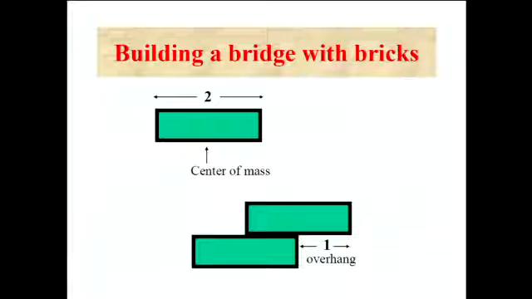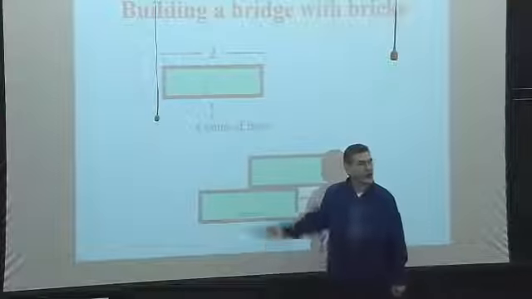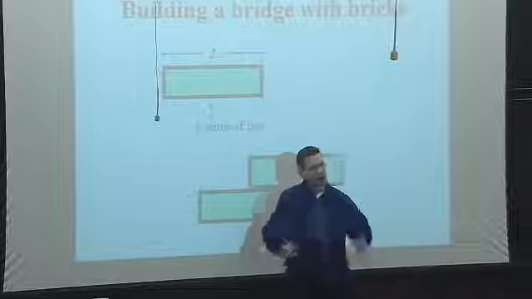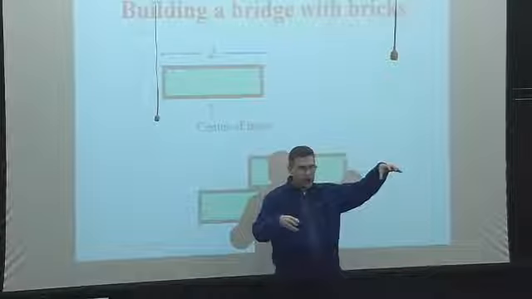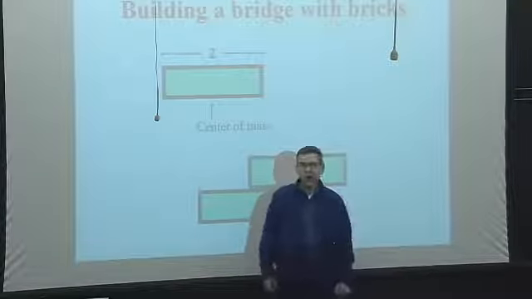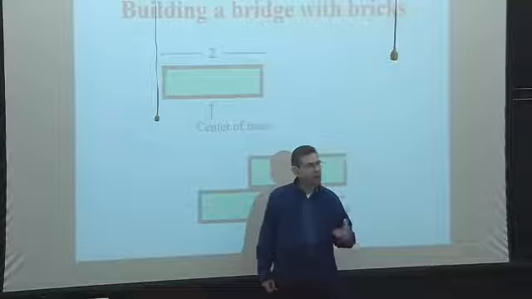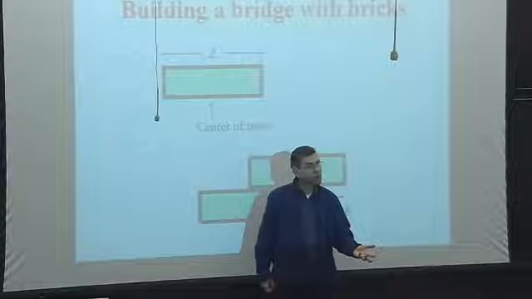So let's suppose that one brick is 2 inches long. And it's a homogeneous brick. And here's the center of mass. So the question is, can I pile bricks on top of one another to make an overhang? Do you think I could make an overhang as big as, say, one brick? You think so?